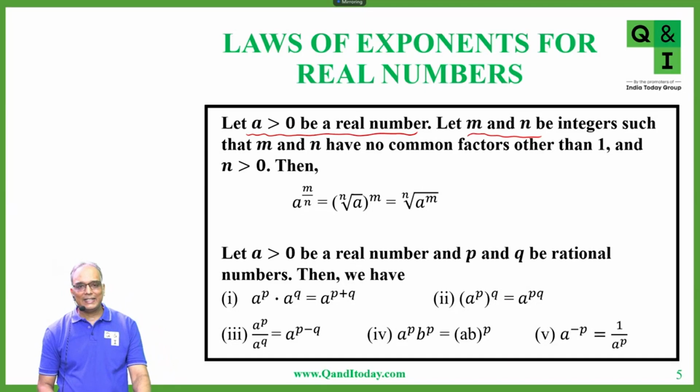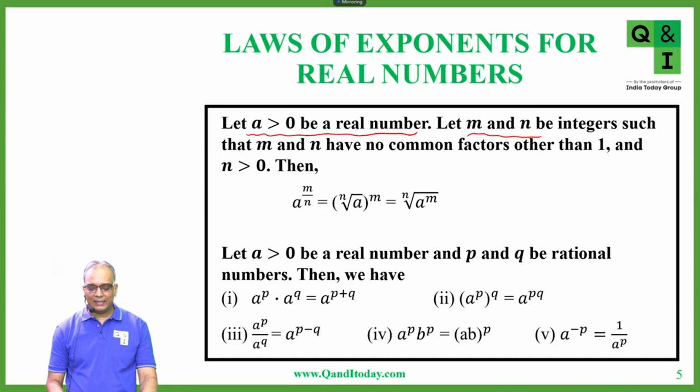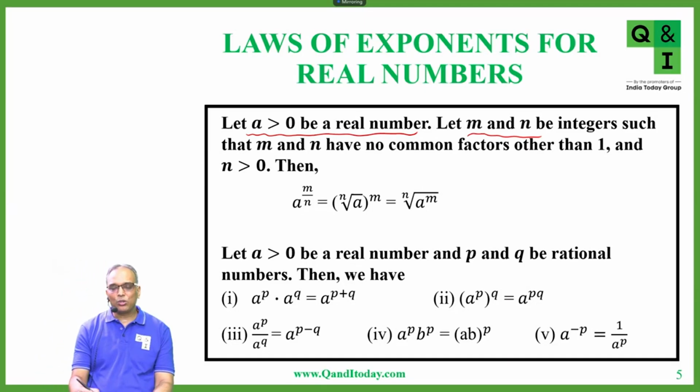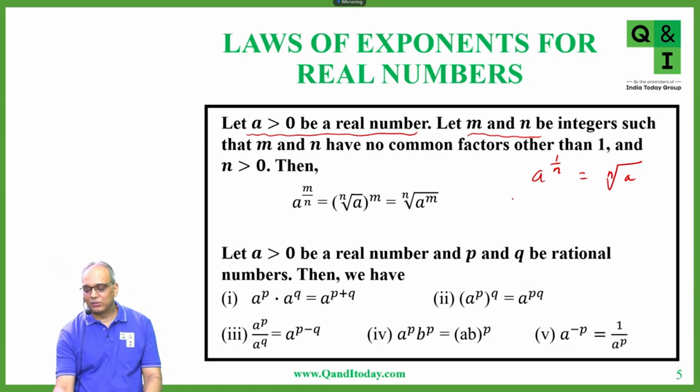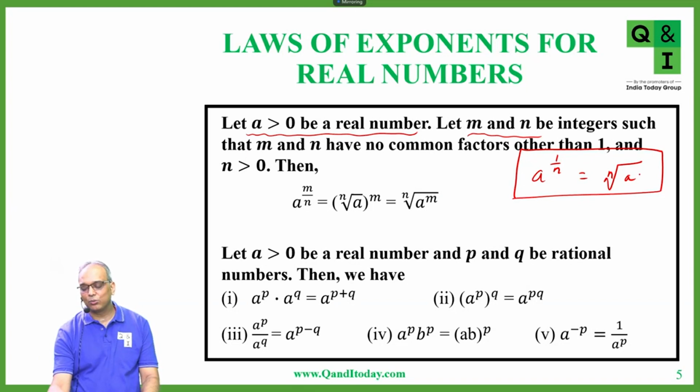In that case, a raised to the power m by n can be written as nth root of a raised to the power m. Basically, a raised to the power 1 by n is nothing but nth root of a. In power terms, we write it as a raised to the power 1 by n, and in surd terms, this is nth root of a.